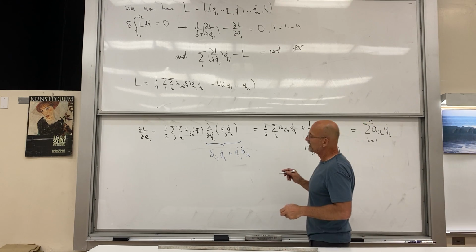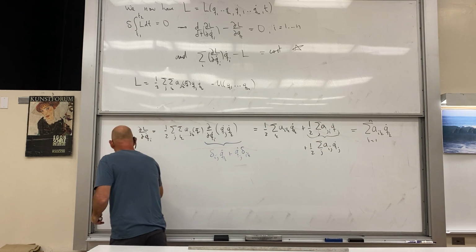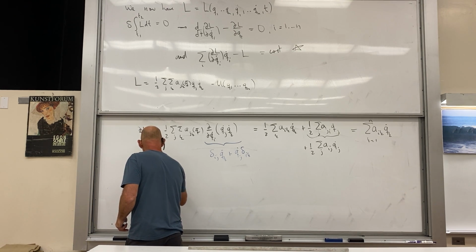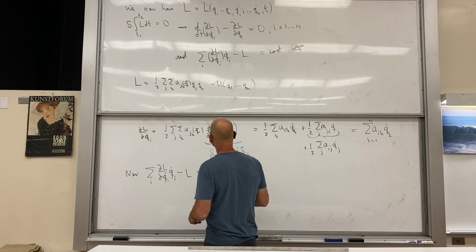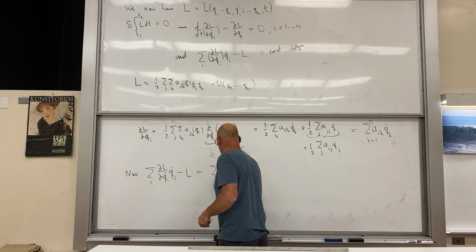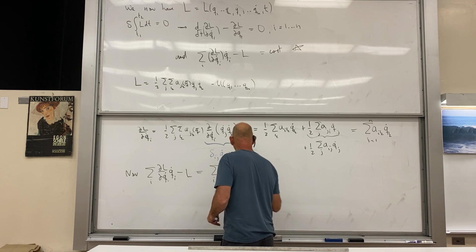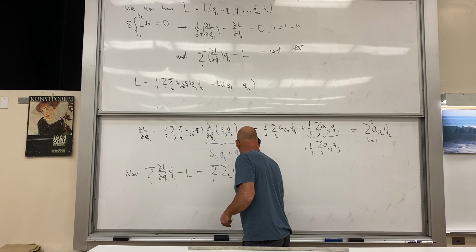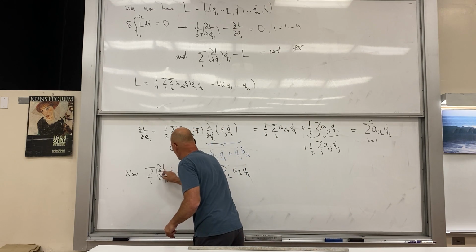Now we can form this. So now, the sum over i of dL/dq_i dot times q_i dot, minus L, is going to be equal to the sum over i, sum over k, a_ik q_k dot, and then I've got the q_i dot here.